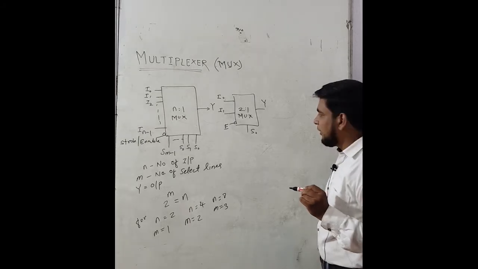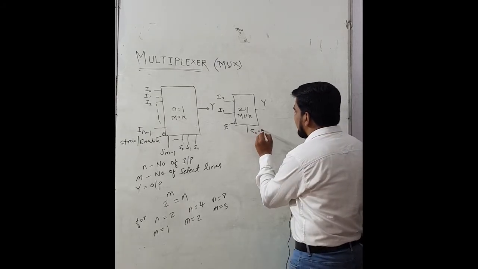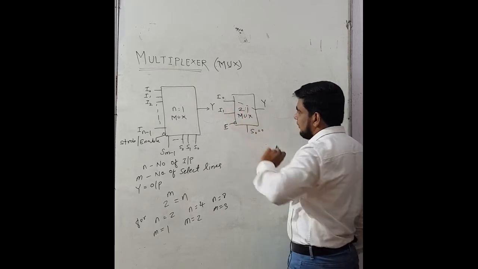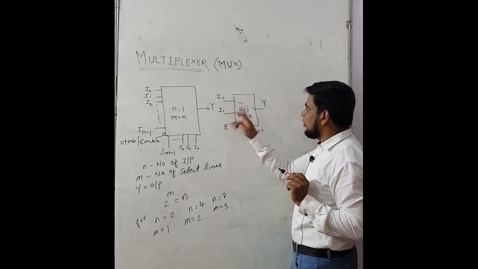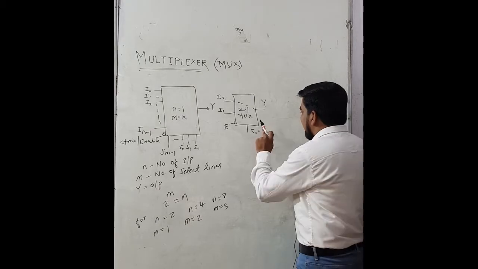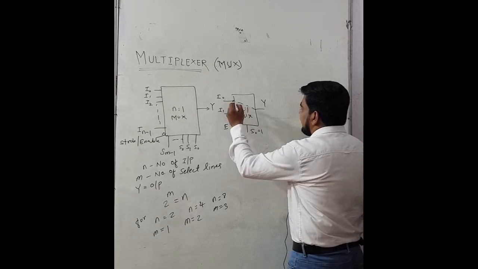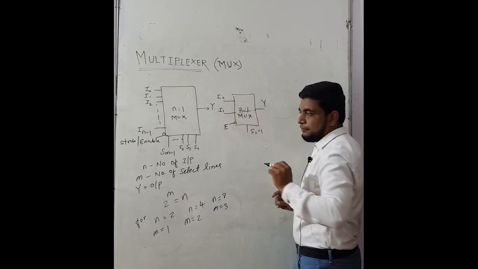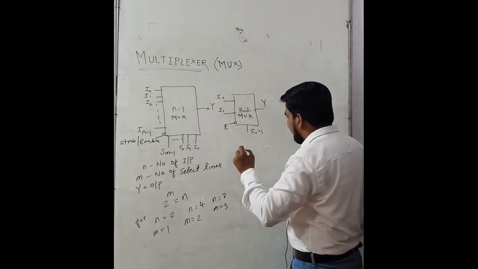This is the 2:1 multiplexer. When S equals 0, I0 is connected to the output, and I1 is not connected to the output. When S equals 1, the I0 connection is disconnected and I1 is connected to the output. In this way, the 2:1 mux will work.